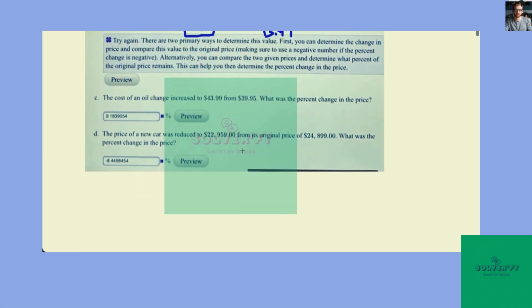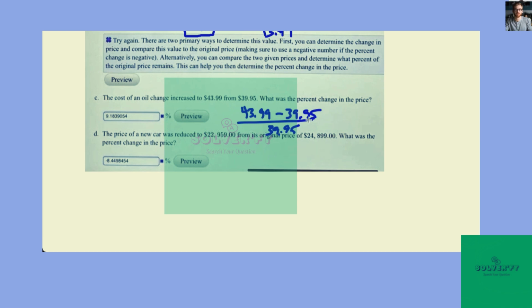In C, it increased to 43.99 from 39.95. So it's now 43.99 from the 39.95 that it started at. And you always compare that to the start. How much did it change compared to what it started at?